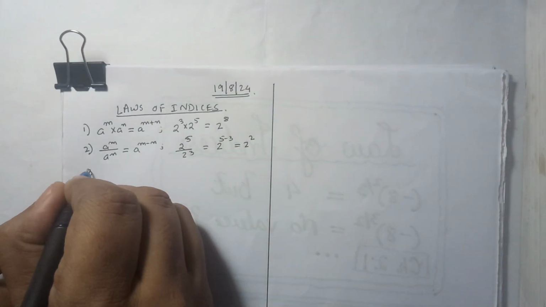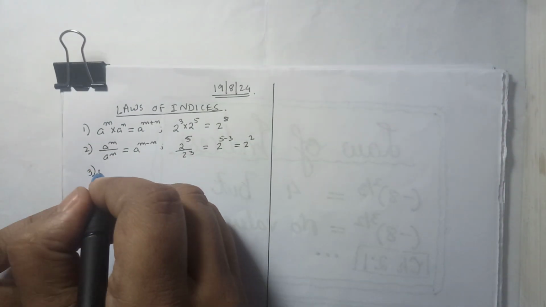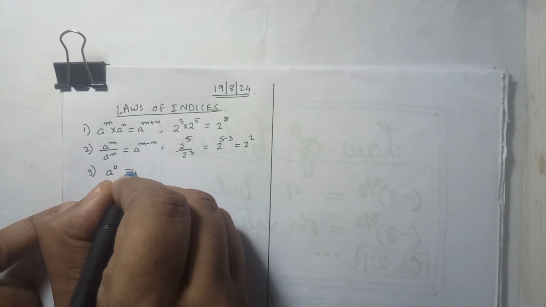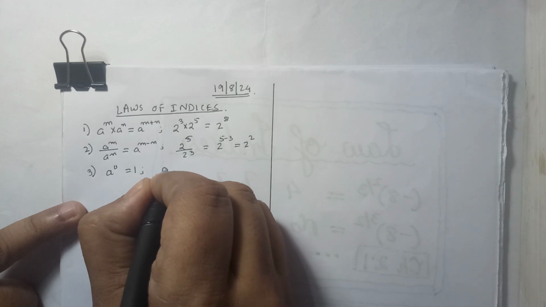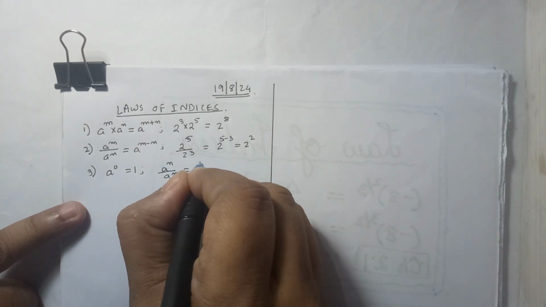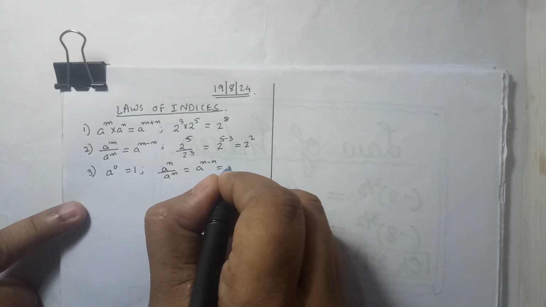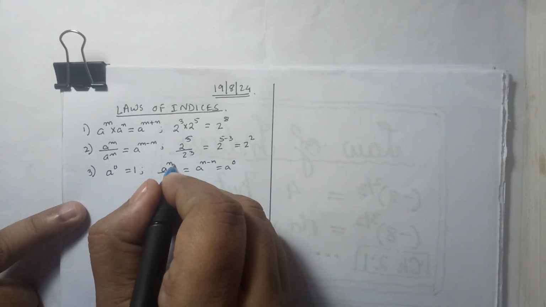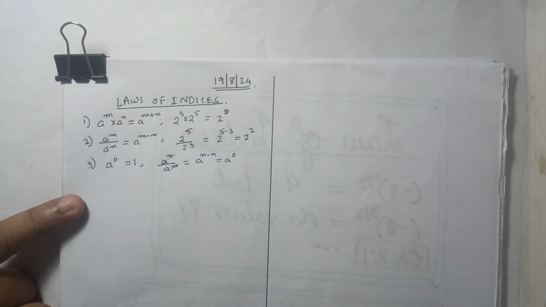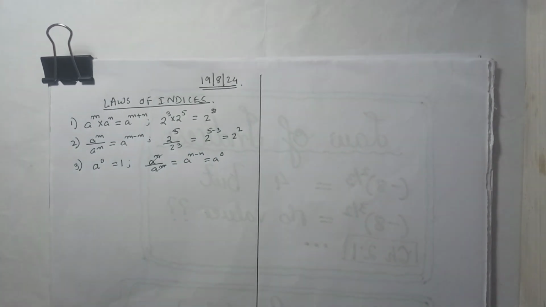This brings us to the third law, that is anything to the power of 0 is 1. Why is it so? A to the power of n by a to the power of n will be a to the power of n minus n, that is a to the power of 0, and anything gets cancelled, so we get anything to the power 0 is 1, right?